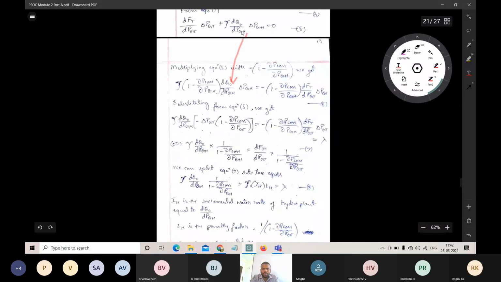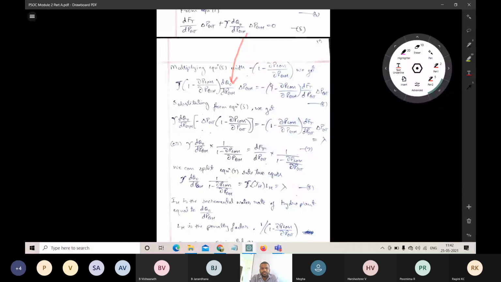I am just multiplying by 1 minus dou P loss, and here also 1 minus dou P loss by dou Pgh, dFT by dPgt delta Pgt. Why do we need to multiply with 1 minus dou P loss? That will be shown in the next steps.